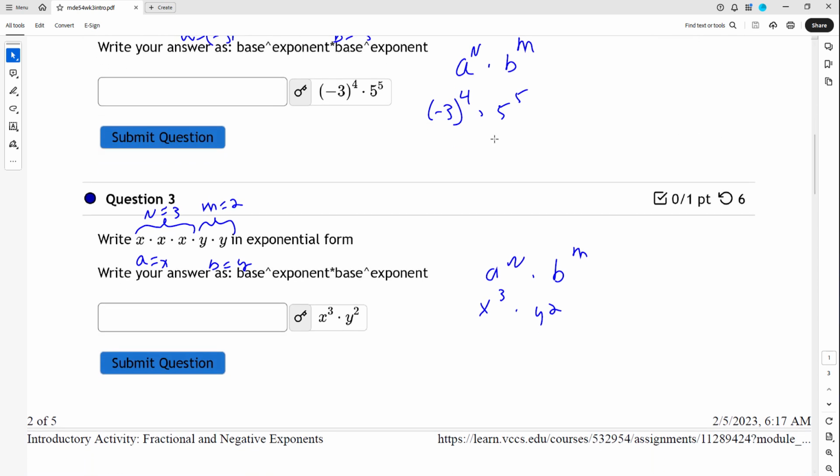This one here I have x being multiplied 3 times, and y, it's 2 times. Okay, my a is x and my b is y. So I know it's x to the 3rd times y squared.